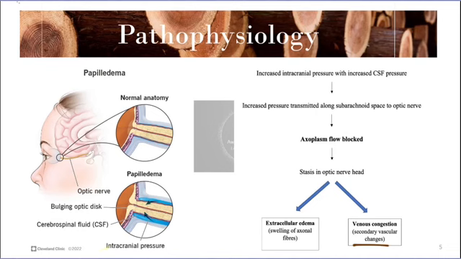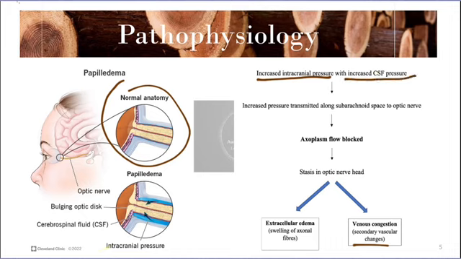This is the image showing pathophysiology of papilledema. This diagram shows normal anatomy of the optic nerve, optic sheath and optic disc. So whenever there is a raised intracranial pressure, that means raised CSF pressure, which will lead to raised CSF pressure in optic sheath CSF.